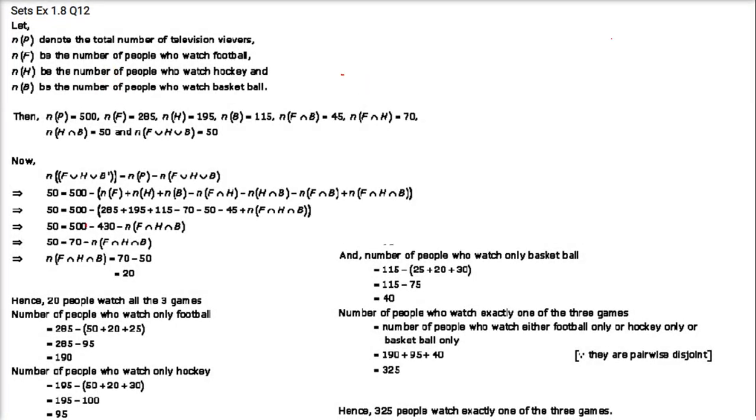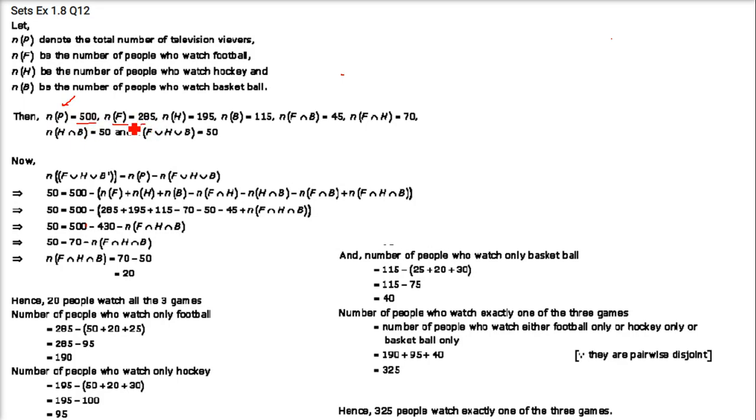The next question is: a survey of 500 television viewers produced the following information. 500 is the total number surveyed, so N(P), the total number of television viewers, is 500.